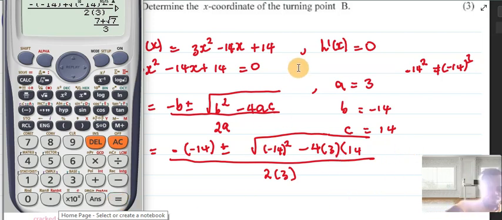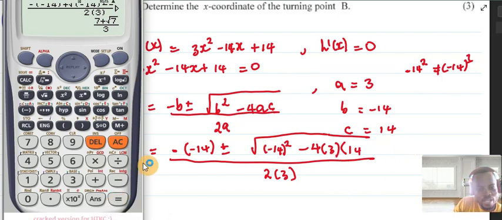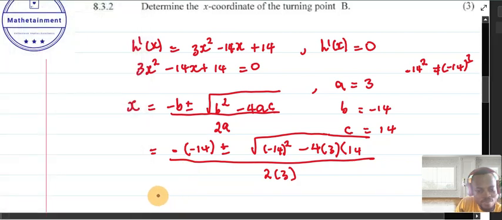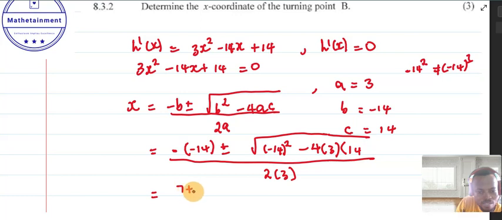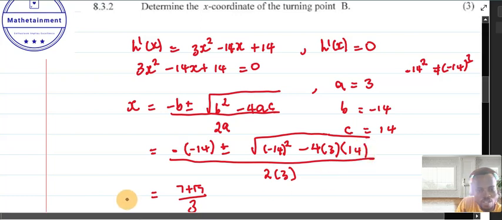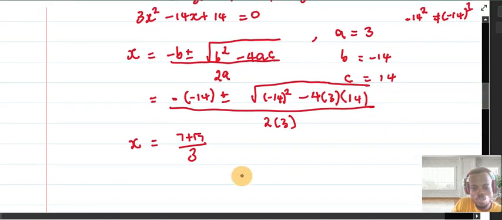I did not close the brackets here. Okay, here it has become 7 plus root 7 all over 3. So this is the first value of x.